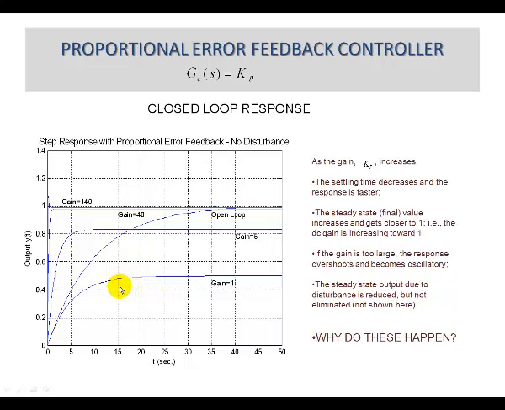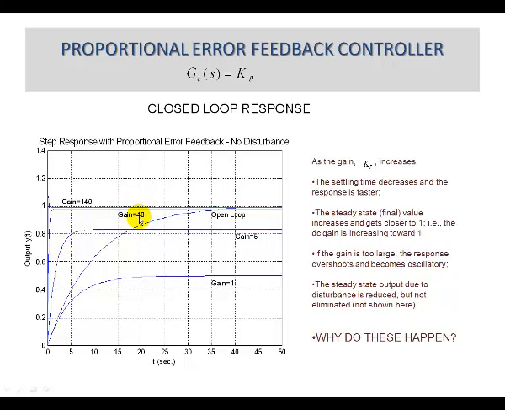When the gain is 1, maybe we could say that the settling time is less than 20 seconds rather than 40 or 50. But when the gain is 5, we're probably at about 7 or 8 seconds. We are at the steady state value.